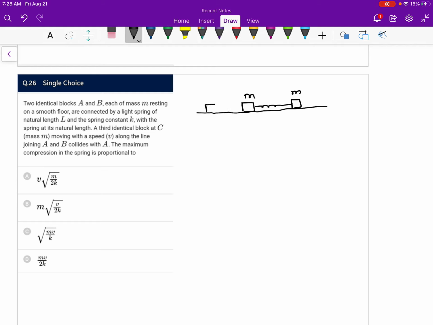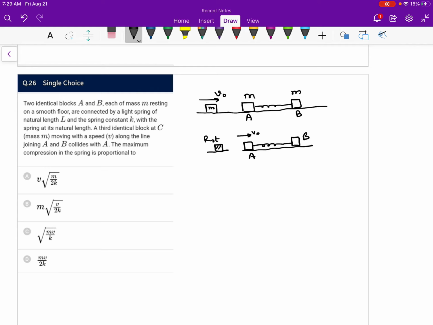So this block of mass m moving with speed v0 along the line joining A and B collides with A. Maximum energy is transferred to block A when an elastic collision takes place. So in an elastic collision, A acquires v0 speed and the projectile comes to rest.